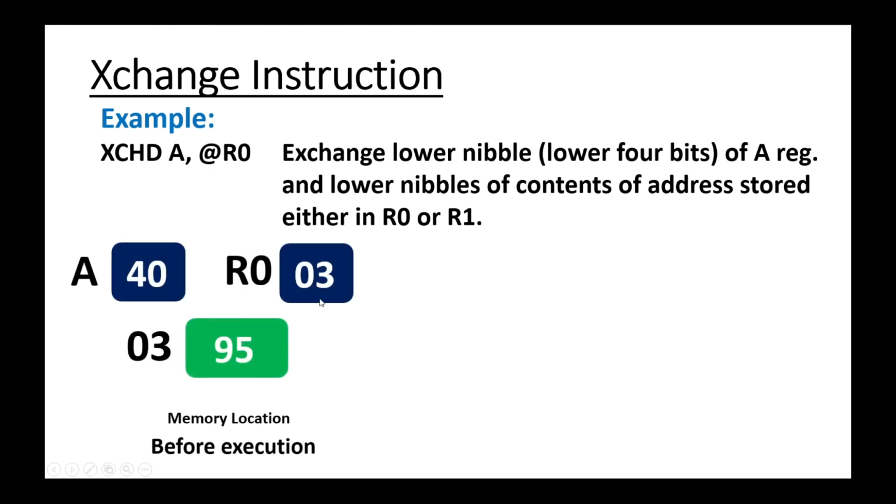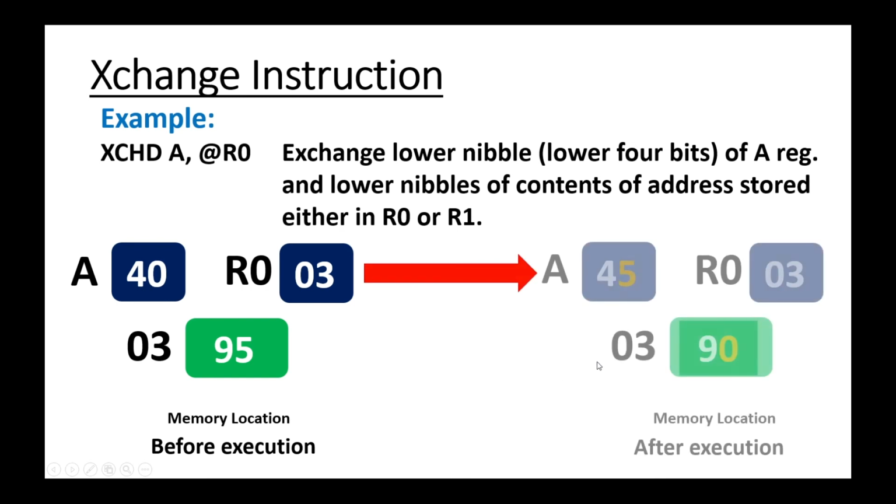R0 will give us the address. At that address, whatever data is stored, we have to consider that data. A is having 40 and at the address provided by R0, 95 is stored. This is the situation before execution, and when we execute this instruction they are going to exchange the lower nibble, the lower 4 bits.